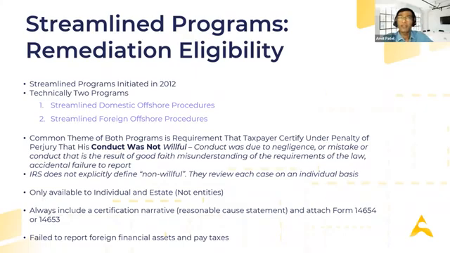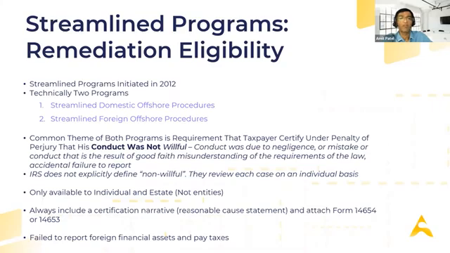So that's the remedial eligibility. If you miss out, you have two choices. One is the streamlined domestic offshore procedure, and the other is the streamlined foreign offshore procedure, depending upon where you are living, whether in the US or outside the US.